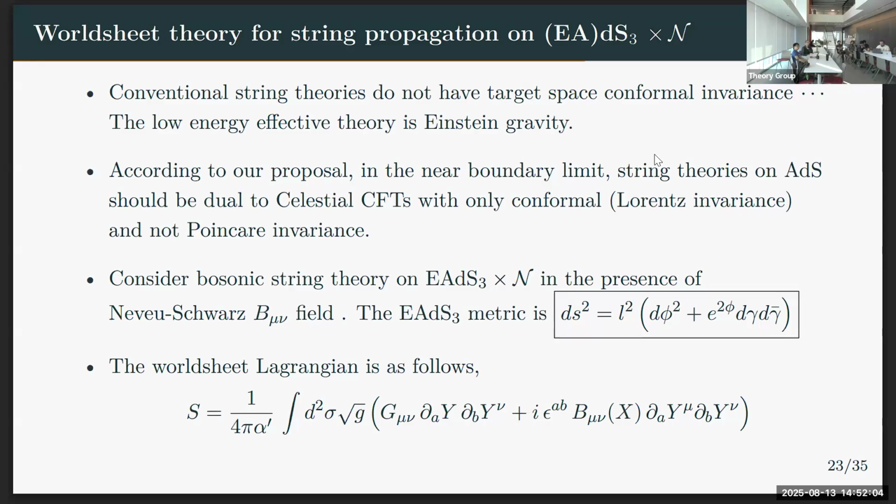So the Worldsheet Lagrangian is given by this expression, where G is the target space metric, B mu nu is the NS B field, and y mu are the coordinates of the target space, which act like fields on the Worldsheet. So this is the two-dimensional Worldsheet Lagrangian.